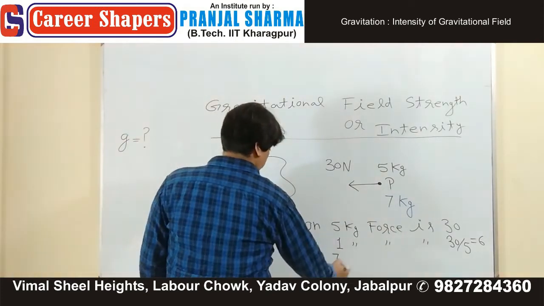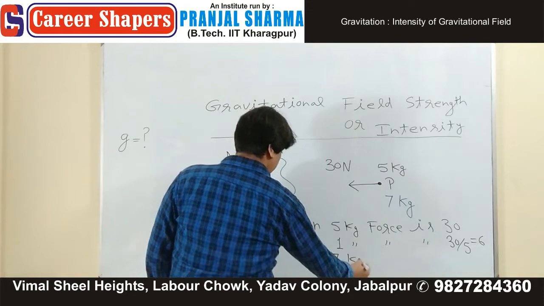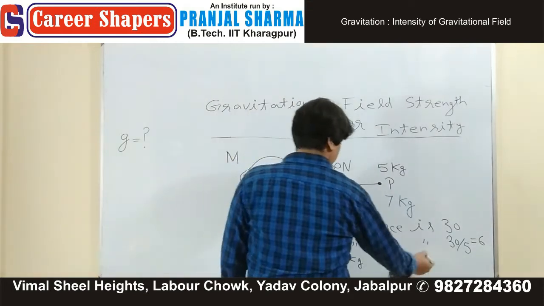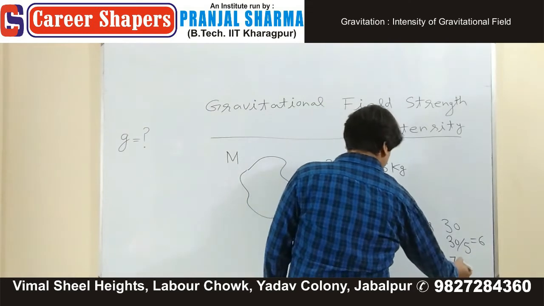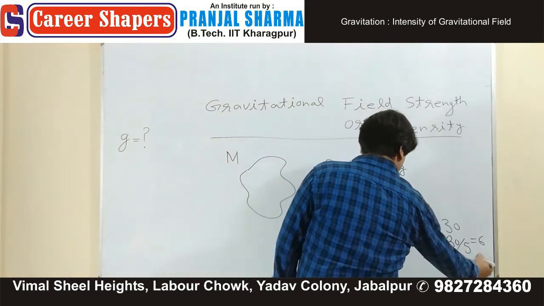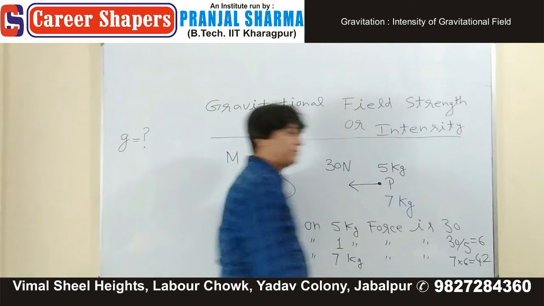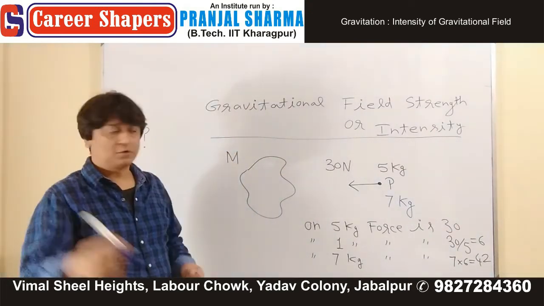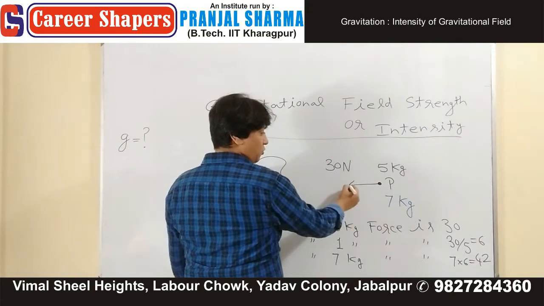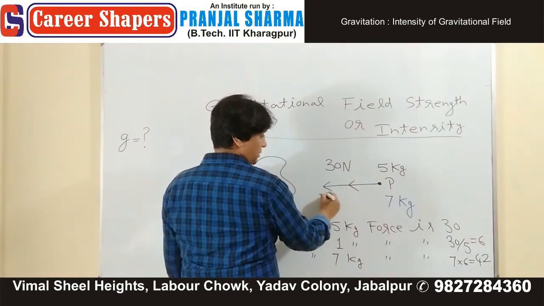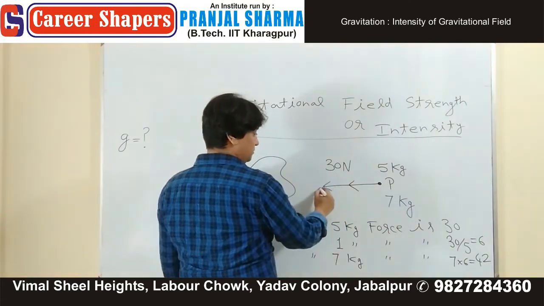And then if I ask you what is force on 7 kg, then I hope you know that. Answer will be 7 into 6, which is 42. So force acting on this 7 kg, if you place it at P, will be 42.